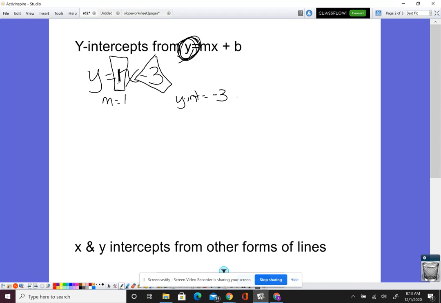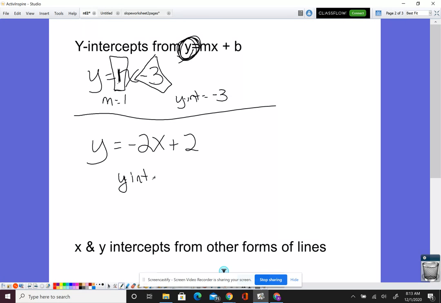So the second set of problems is just given an equation like this, tell me what the y-intercept is. 2. Thank you, Will. It is 2. We're just looking at this last part and saying, yes, the y-intercept is 2.